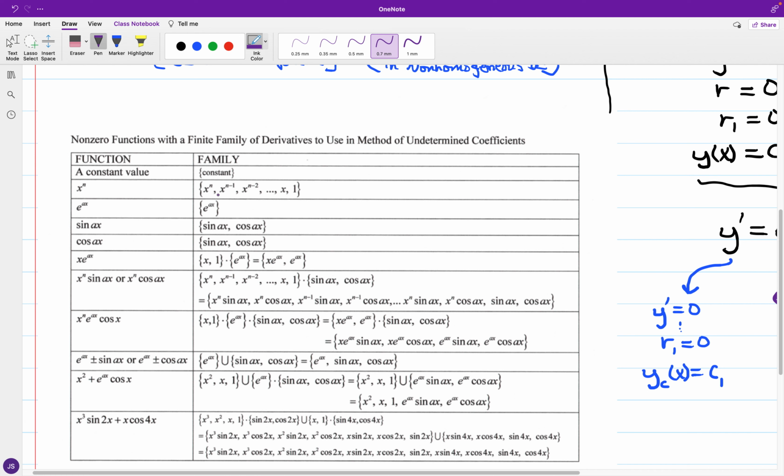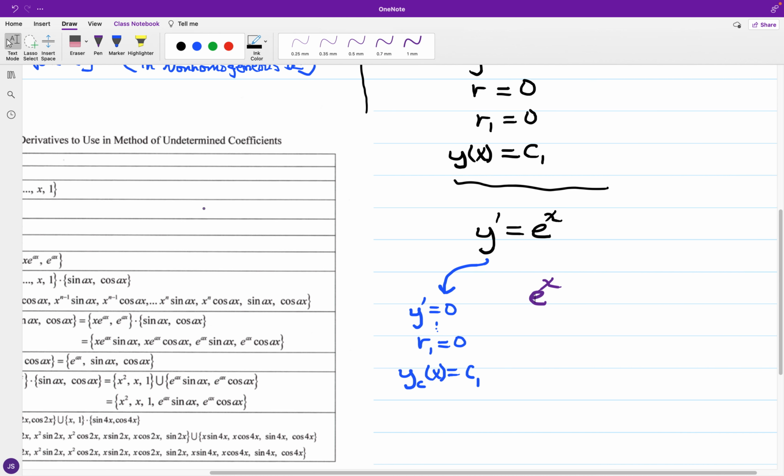Within the family you have just e to the ax. If you have e to the 2x, you have e to the 2x, 2e to the 2x, 4e to the 2x, and the diminutive form ends up being a multiple of e to the 2x. So we're not worried about multiples.